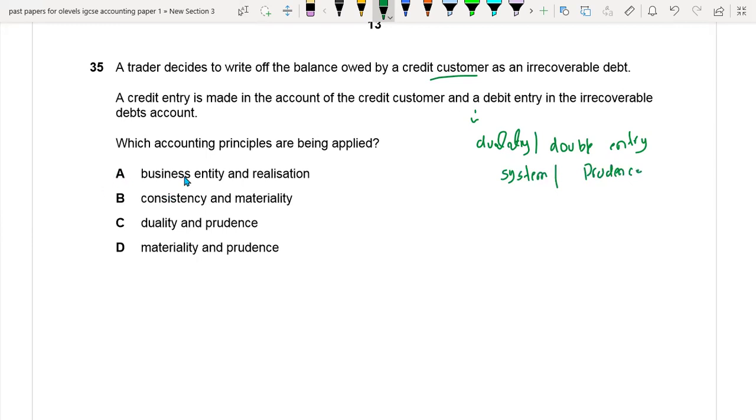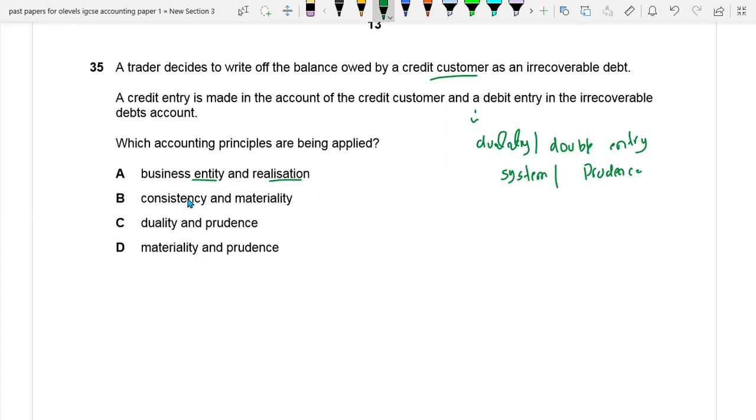So the first option is business entity and realization. We know what the business entity concept is: you are treating your business as its own entity, meaning your business has its own identity, like a person or a company. Realization means that we should not record sales until they are made or earned.